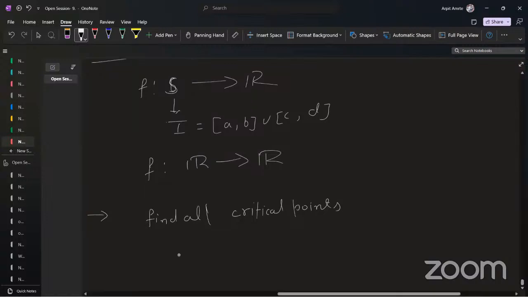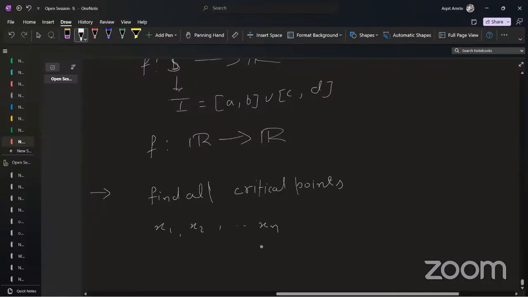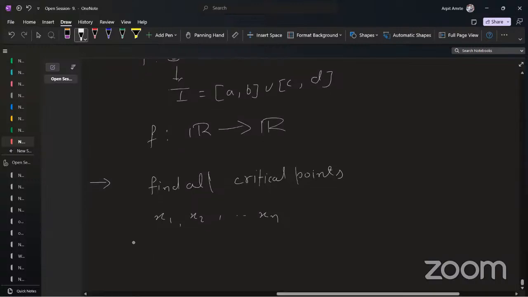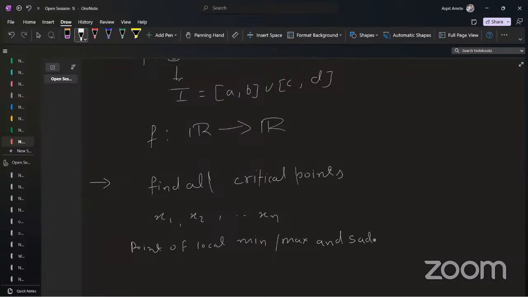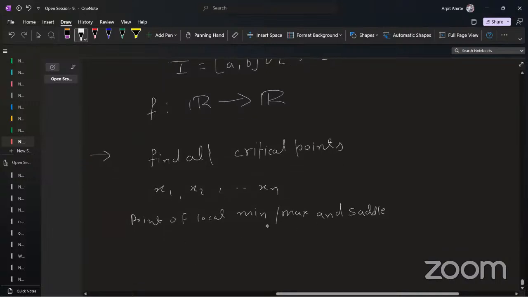Once you find all the critical points, say x1, x2 up to xn, you now know how to separate the points of local minima, local maxima, and saddle points. Right? Yes, sir. Right.